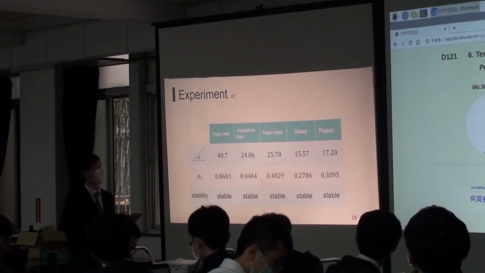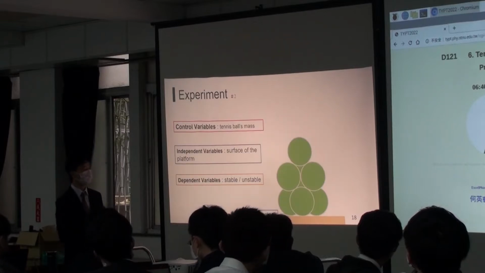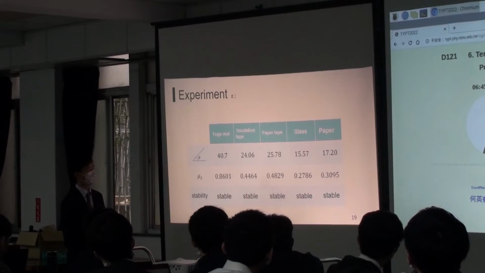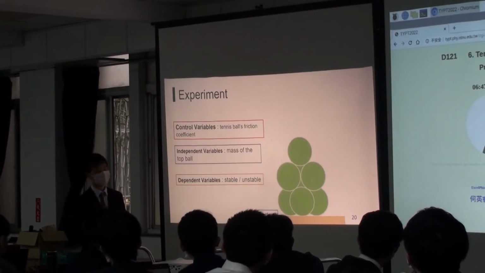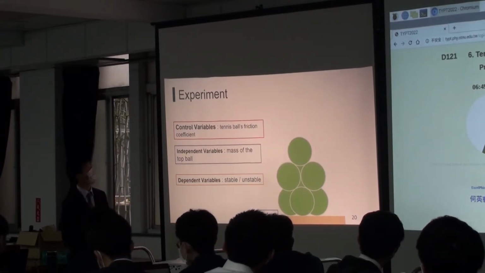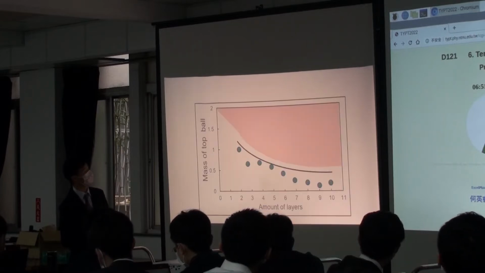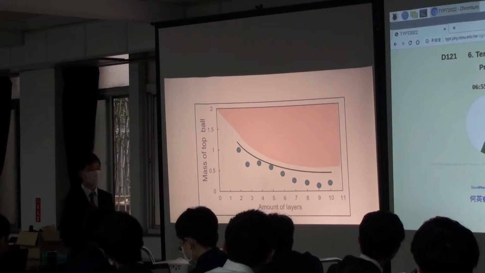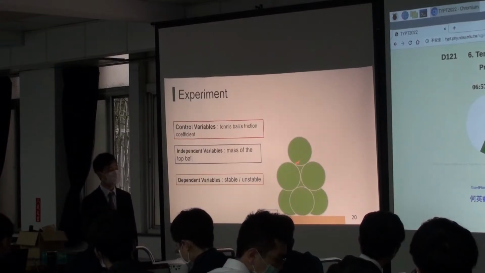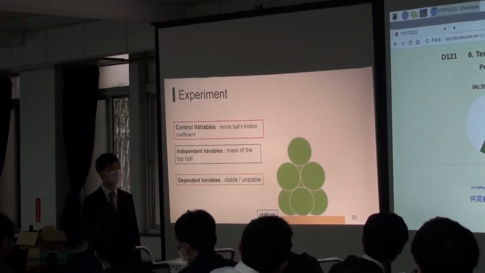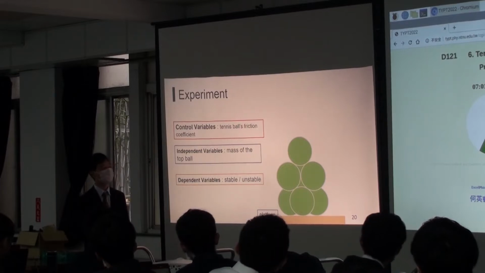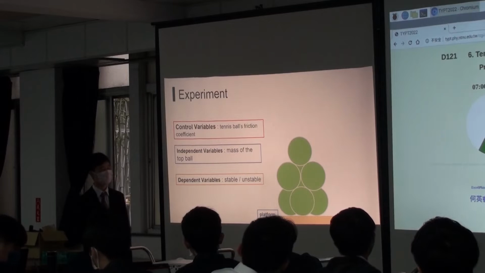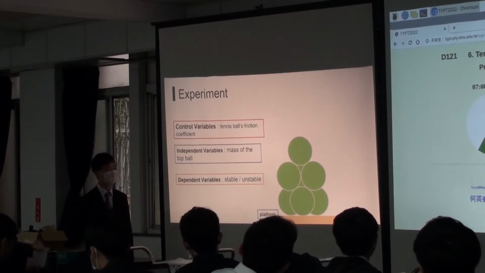And we are changing different platforms, and this is the experiment result. We change the mass of the ball on top by inputting sand or metal balls inside to control that, so it is still round and will not cause deformation by pressing.